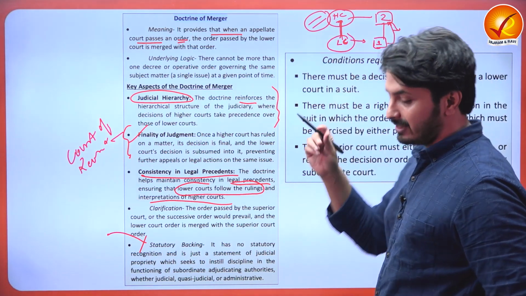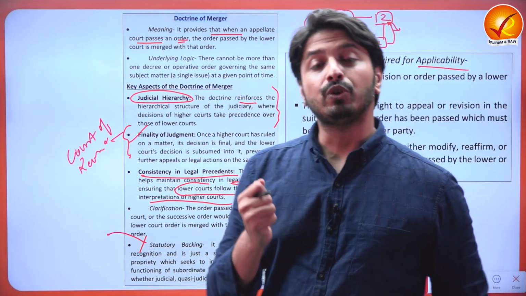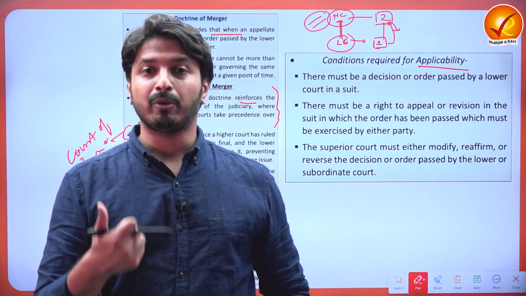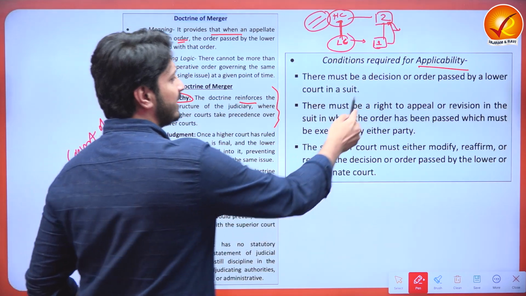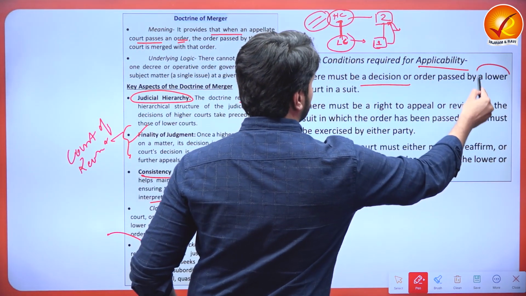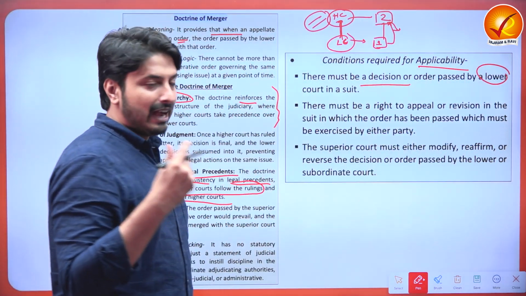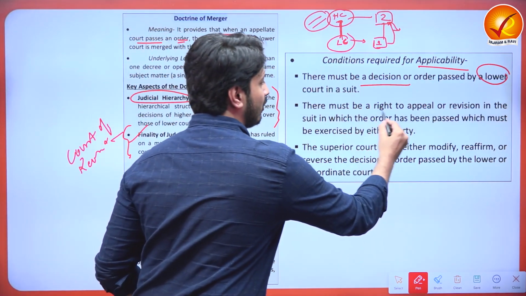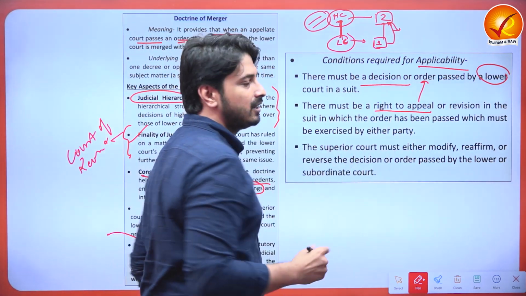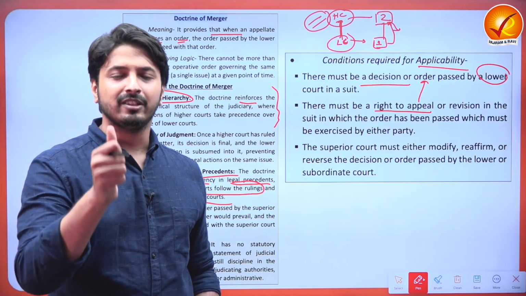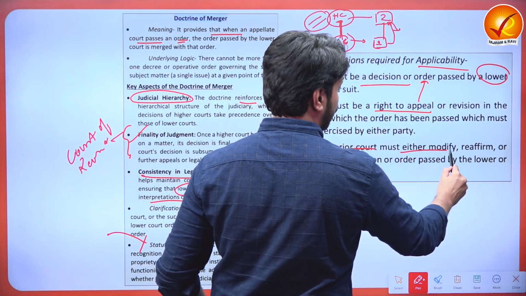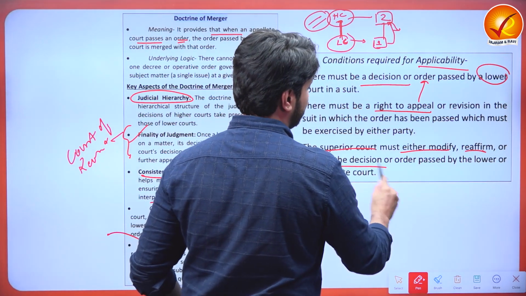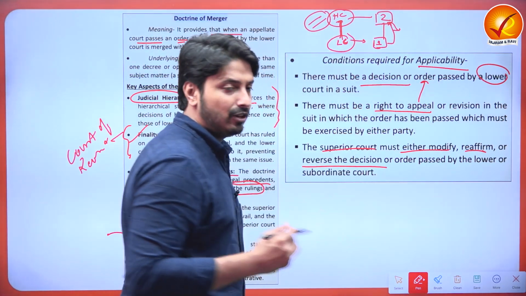Definitely, since it involves the merger of two sets of judgments, one provided by the lower court and one provided by the upper court, there has to be a decision or order passed by the lower court. That is, there has to be an appeal, and only then are there two judgments on one singular case. The superior court must either modify, reaffirm, or reverse the decision or order passed by the lower court.